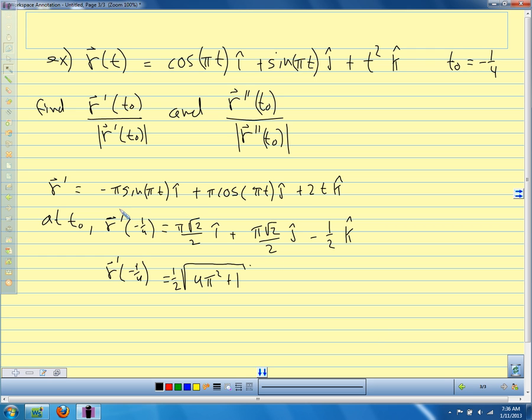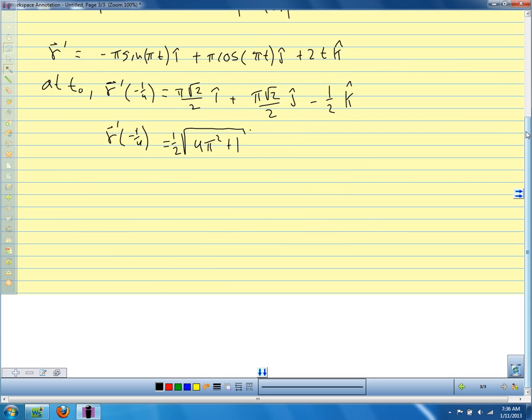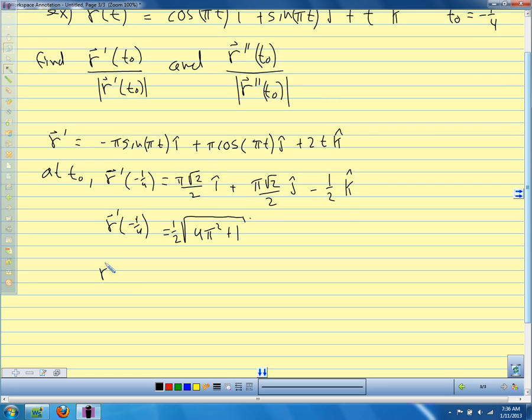So then we can find r prime over the magnitude of r prime, this first quantity that we're looking for. It is just going to be 1 over the square root of 4 pi squared plus 1, times pi square root 2 i plus pi square root 2 j minus k.